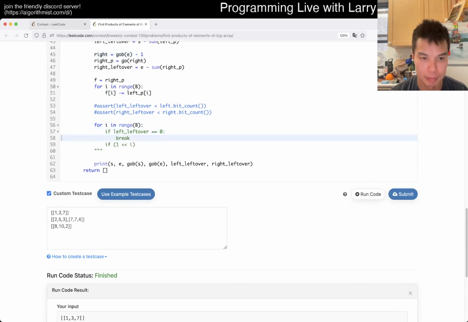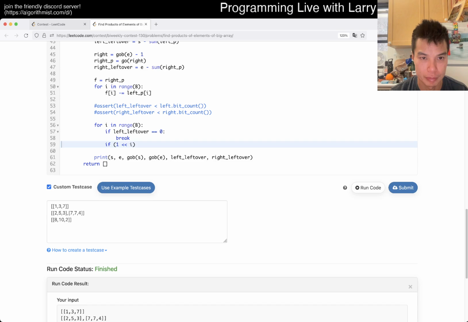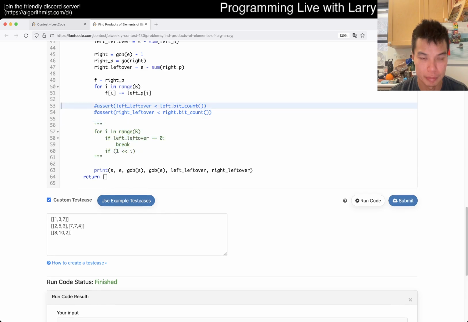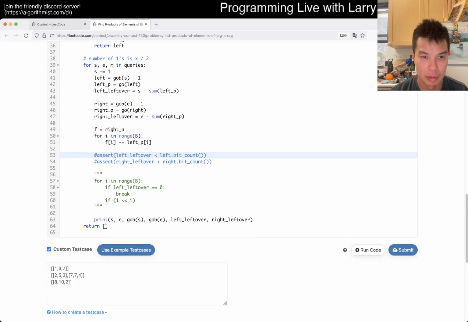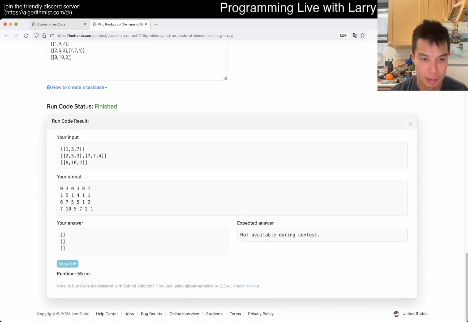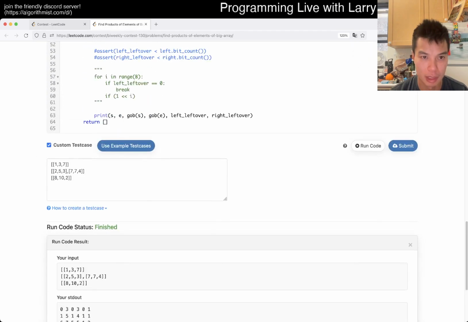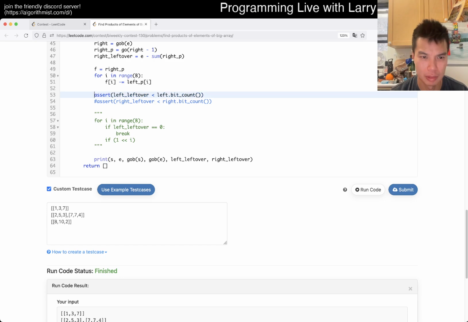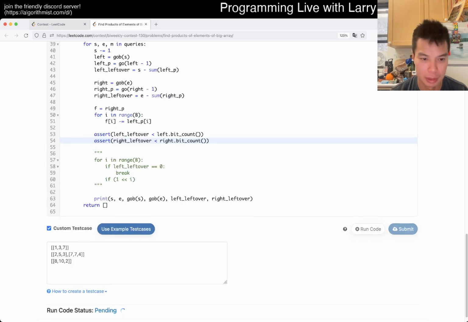Maybe. Two digits of the left number. Okay, we're doing left. Well, this is left. I think maybe this is actually more accurately like this. And then now we can do this assertion again, maybe.